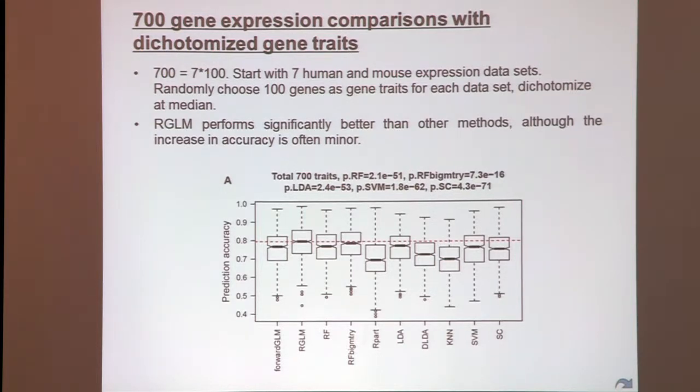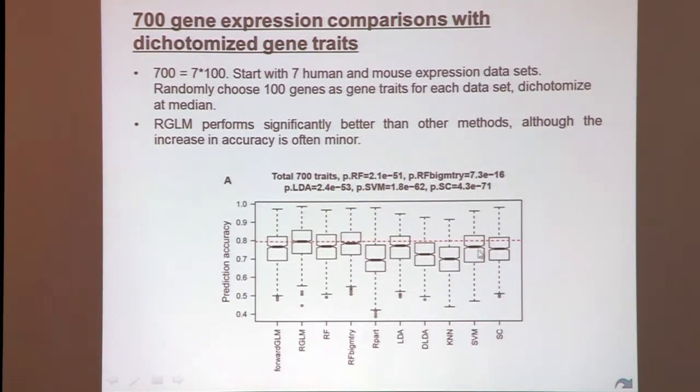Actually, it almost ties with the random forest as long as you choose a high value for the parameter of the random forest, which is known as the mtry parameter. Remember, all of these methods have default choices for their parameters, and so we always chose the default values, but for the random forest, there's one result that reports the default choice and one where you increase mtry, and then it almost ties. But it really outperforms other popular methods.